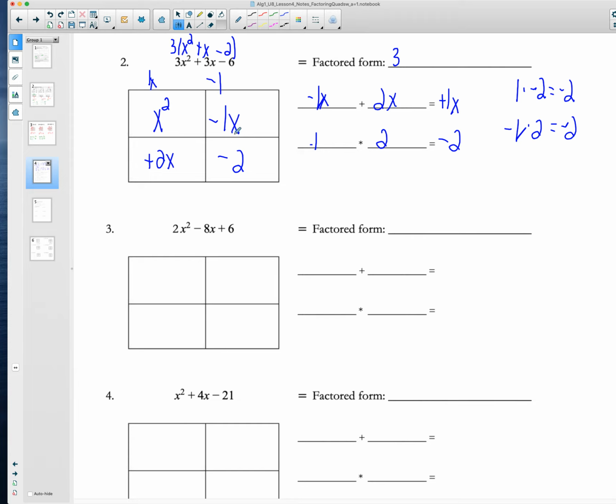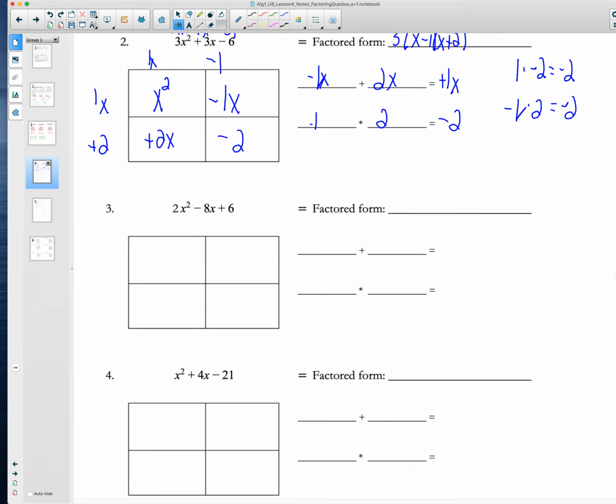In the second column, my GCF is that positive 2. So here's my first factor, and I'm going to add it right here: x minus 1, and then x plus 2. Like that.